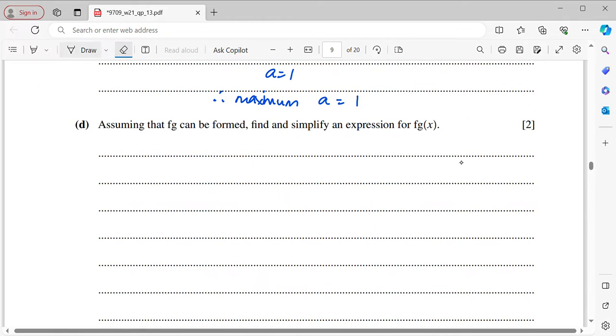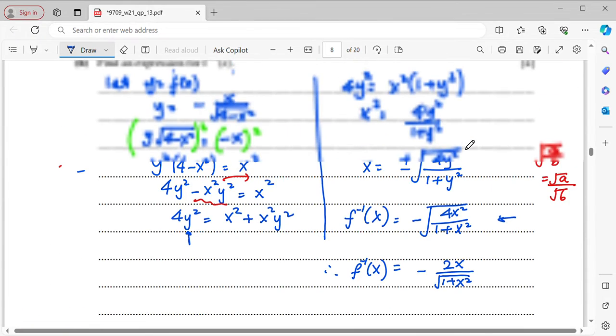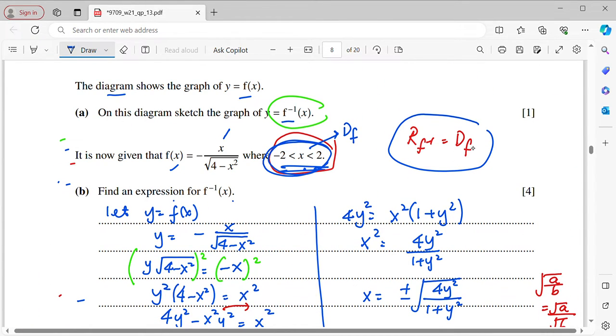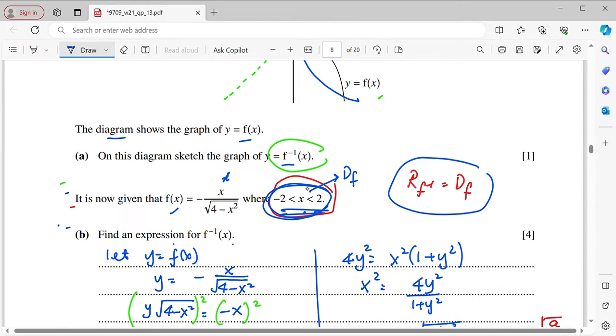Now D, assuming fg can be formed, find and simplify an expression for fg(x). So now fg(x) is same as f(2x). Our f(x) is going to be minus x over square root of 4 minus x squared. Which means now your x has been changed to 2x because of f(2x).